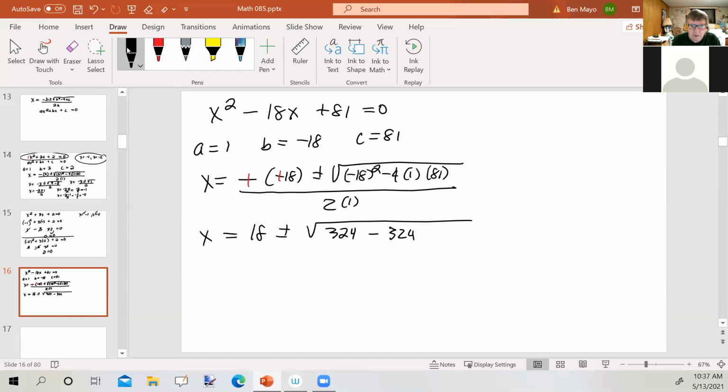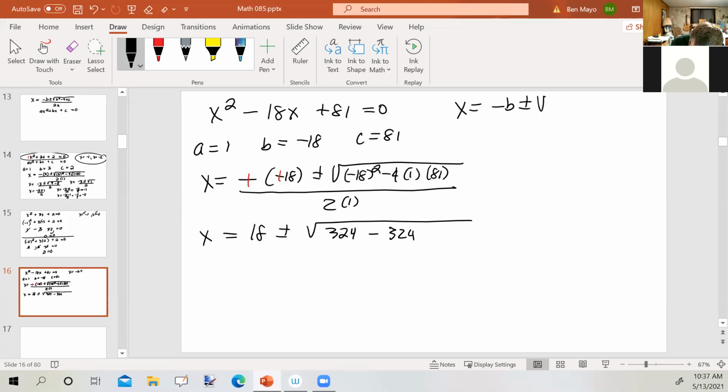Can I ask a question? Yes, absolutely. Right there where you have the square root of -18 squared and then minus 4 times 1, is that from the formula that you mentioned earlier? Yes.